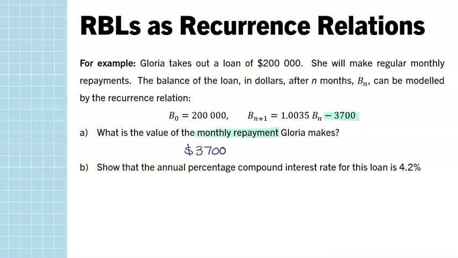Part B, we're asked to show that the annual percentage compound interest rate for this loan is 4.2%. Now, when you see a question that says show that, you have to imagine or pretend you do not know the answer. So what working would you do with the information that you have to be able to find out that interest rate?